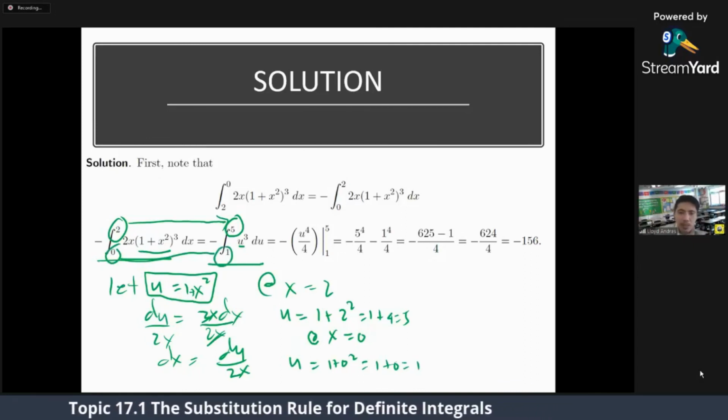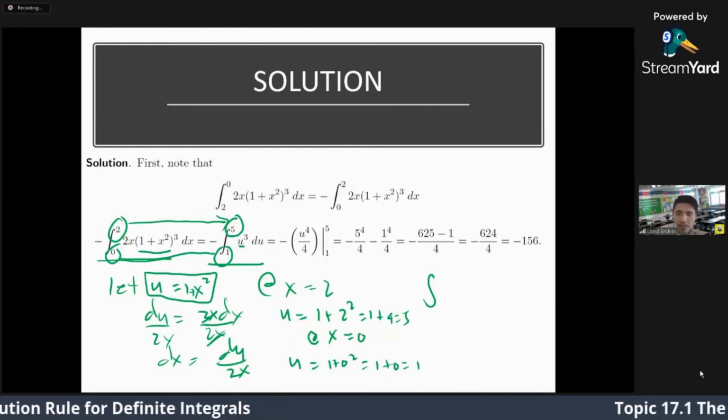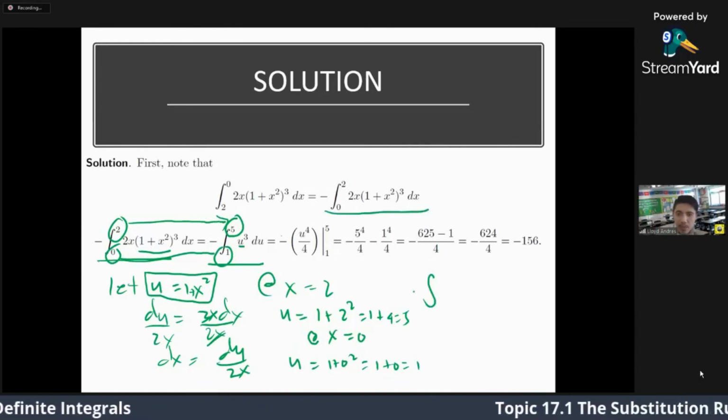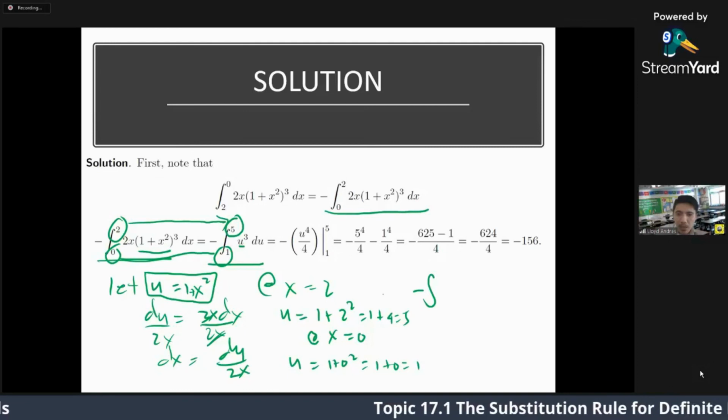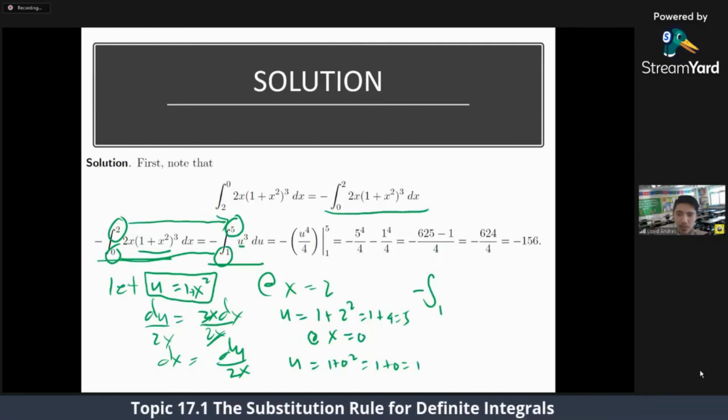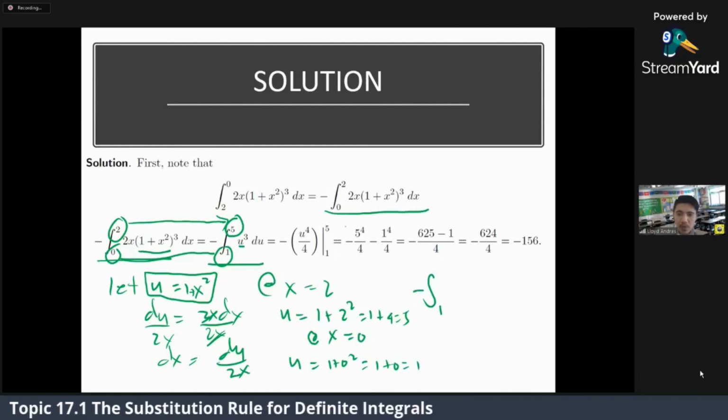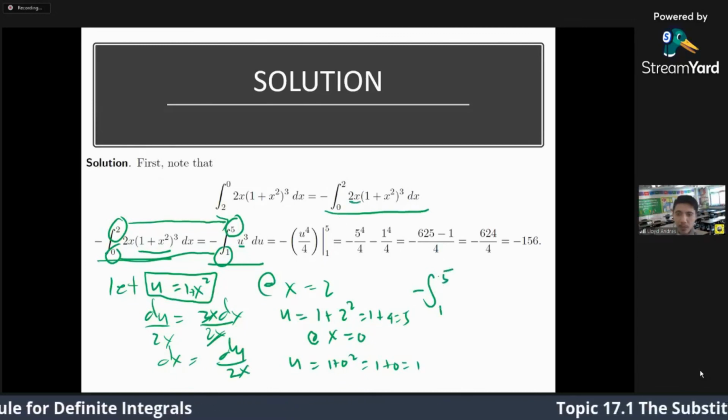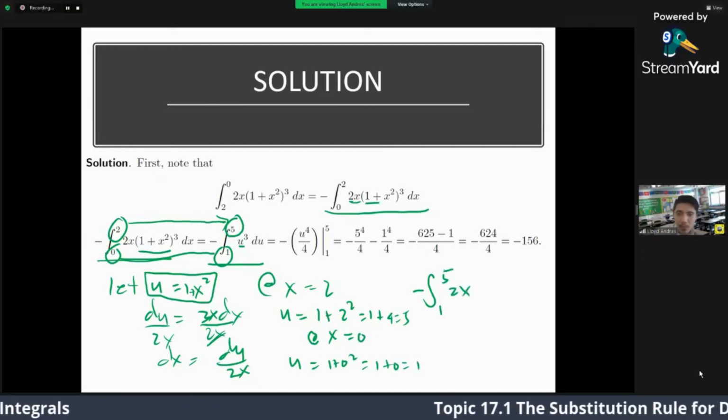Then, simplifying our integrand, it is negative, the 0 becomes 1 and the 2 becomes 5. Then copy 2x, but the 1 plus x squared becomes u, so it becomes u cubed.